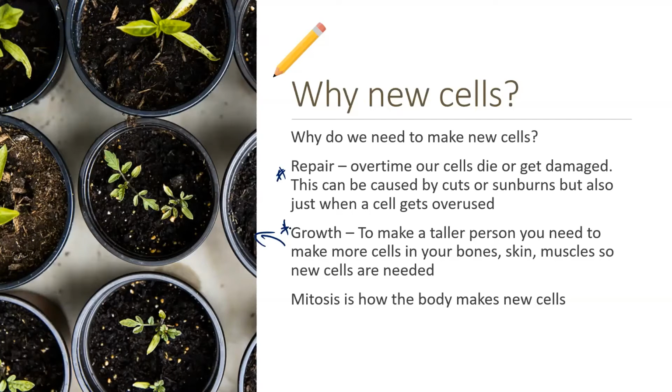So why do we need these new cells? Mostly to replace old cells or to create new cells to make a system work. So mitosis is how the body makes new cells. That's just the start. If anyone says, why do we need mitosis? It's to make new cells.